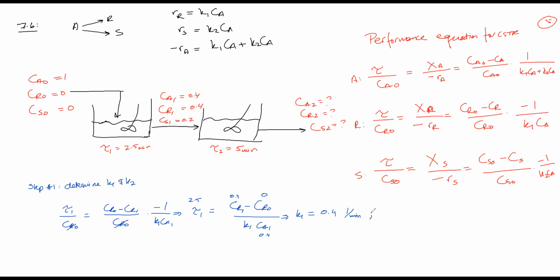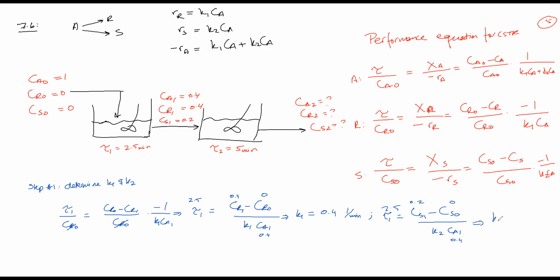Similarly, I'm going to apply the same thing for S, using the second performance equation with respect to S to get K2. So tau 1 is going to be equal to CS1 minus CS0 divided by K2 CA1. Similarly, this is 2.5, CS1 is 0.2, CS0 is 0, CA1 is 0.4.